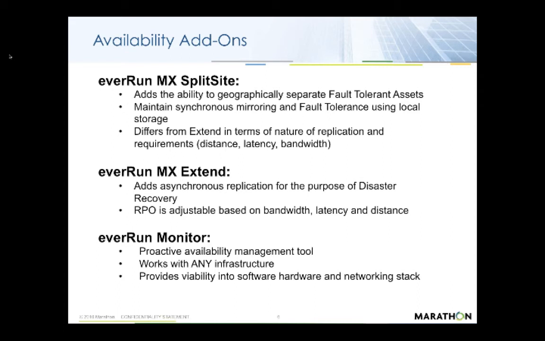So if you want to add proactive availability management to a customer's VMware environment, we're able to pull that in and actually touch that environment as well. It provides visibility in the software, hardware, and the networking stack. So we're really expanding our reach as it relates to managing availability out to all the various components, both inside the PVM and then outside of the ecosystem, to make sure that we're looking at all of the various elements.